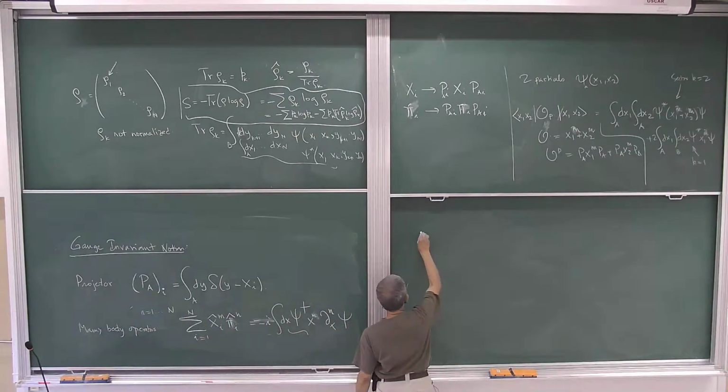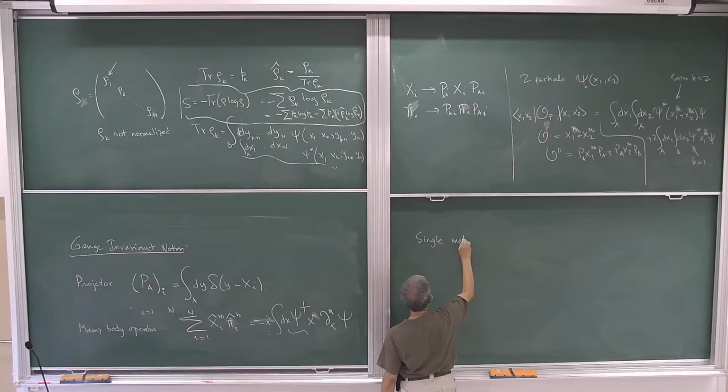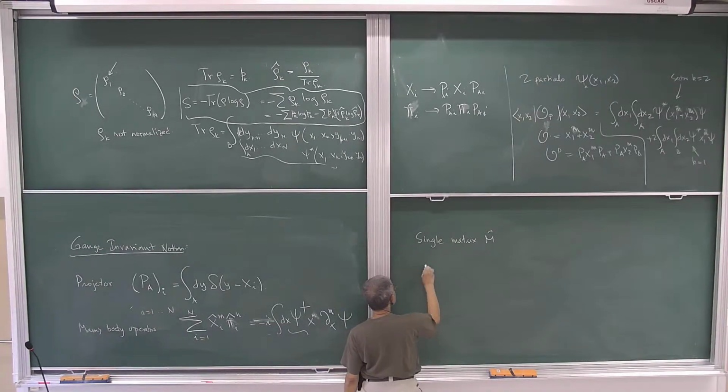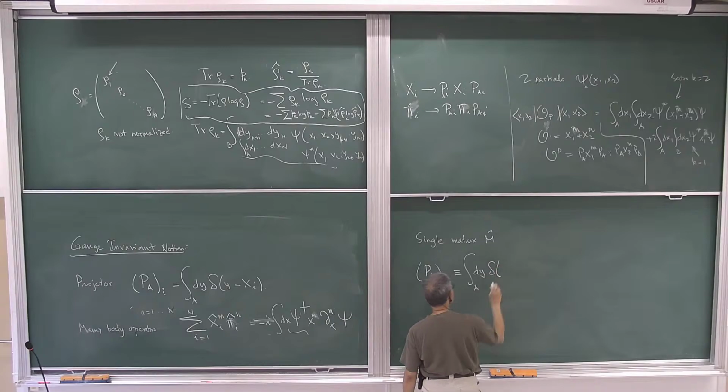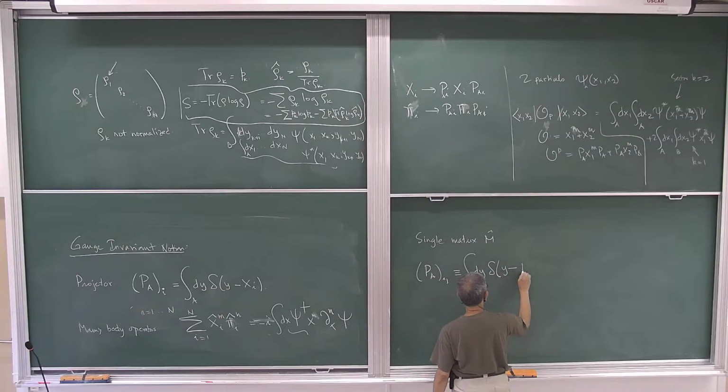I have a single matrix, which I call M. There is an operator for the single matrix M. And you define a projection operator, which is a matrix valued object. I'll tell you what this thing actually means.